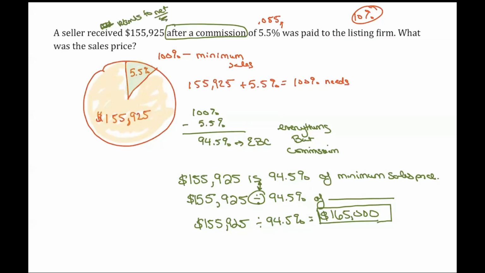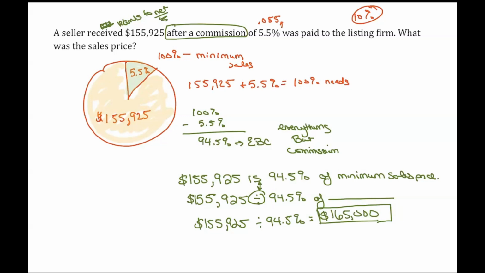Will sometimes say that because they're asking about a sales price. They're not talking about somebody who purchased it. We're trying to find what was that sales price? We don't have an interest rate, anything like that. We need to know, what's that minimum sales price? Sometimes it'll say minimum sales price too.